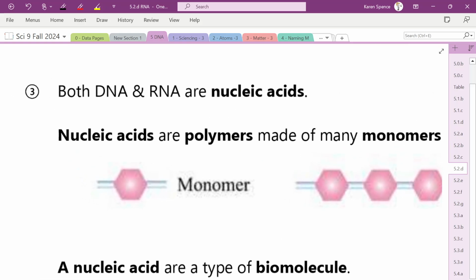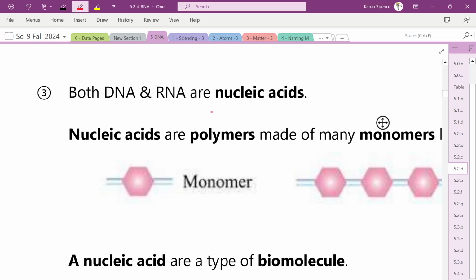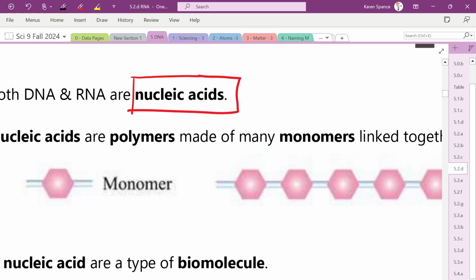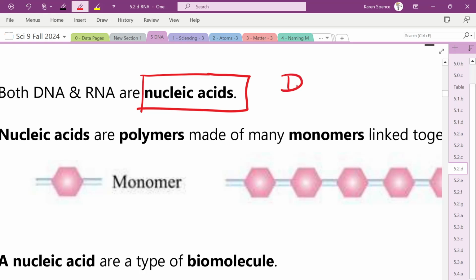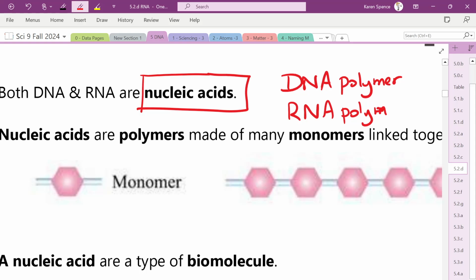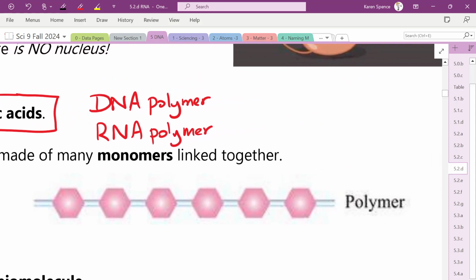You should know that DNA and RNA are nucleic acids. So DNA is a polymer. RNA is also a polymer. What are the monomers?